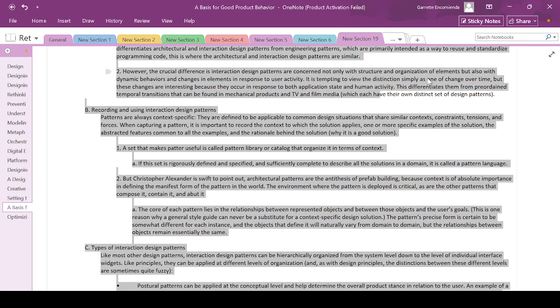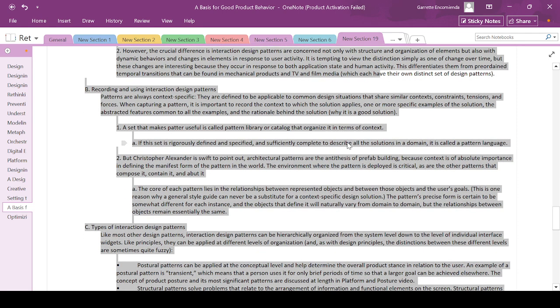So essentially this variability is determined by the user, not by any other attributes. So it is more user focused, because again, we're trying to design an interactive product.